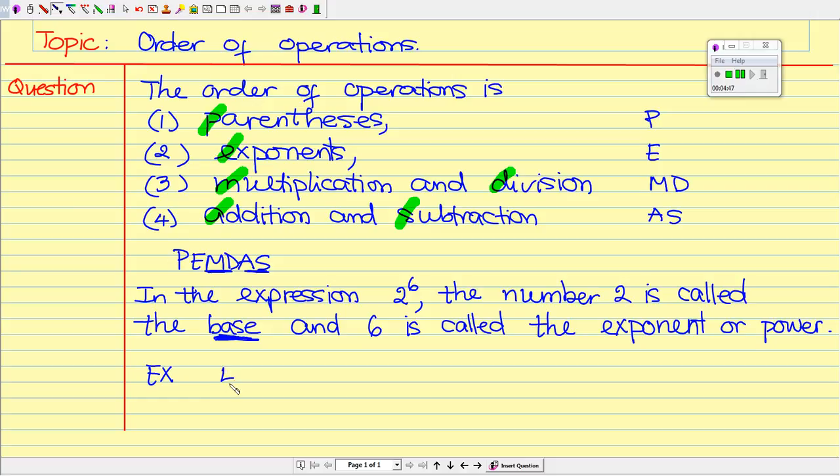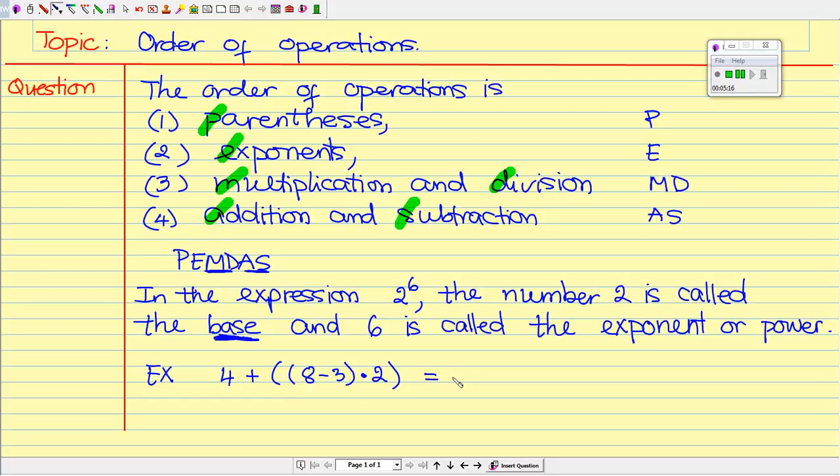If we are given this expression, 4 plus parenthesis a minus 3 close parenthesis times 2 close. Okay, so again, we are going to go back to our order of operations, PEMDAS. So we have to take care of parentheses first.